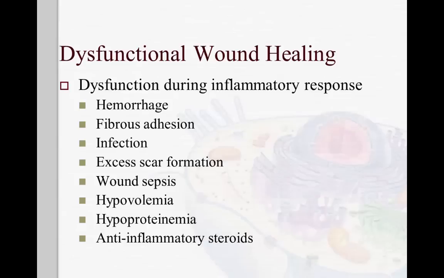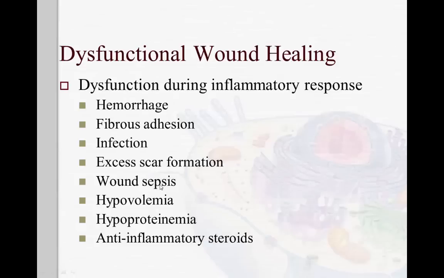Now, there are several dysfunctions of the healing process, and this could occur when the wound does not heal properly or within time, because there's possible hemorrhage or infection, or the wound dehisced. There is more fibrous tissue adhesion producing a keloid.